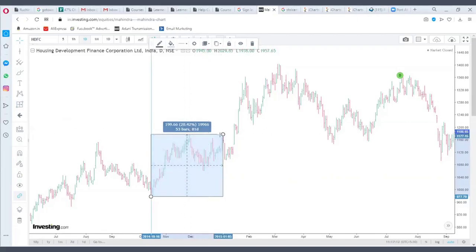So instead of putting the entry price and exit price, I will be putting the percentage move. So it was 20%, and the high date was around 5th of January 2015.